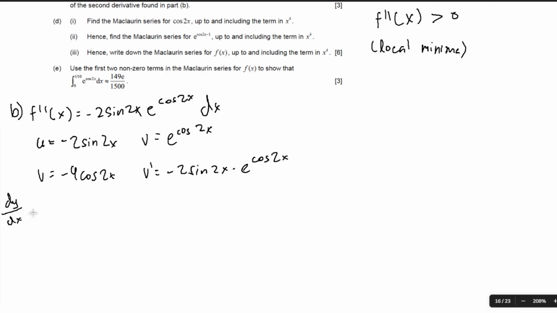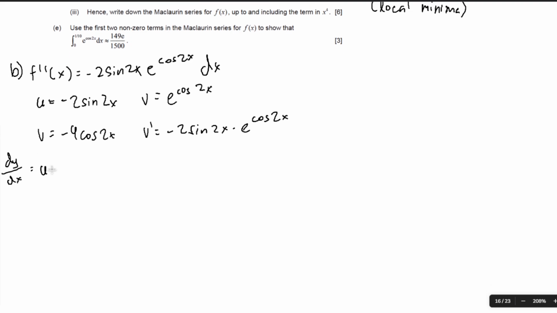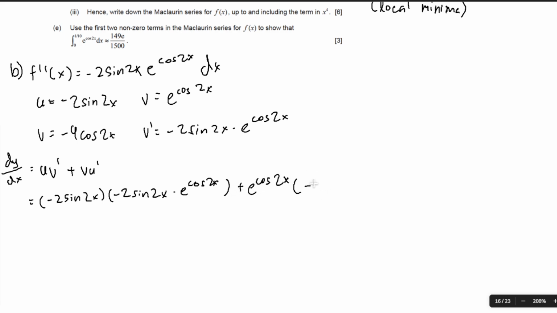Then our dy dx would be u v dash plus v u dash. Here we would have minus 2 sine 2x multiplied with minus 2 sine 2x times e cos 2x, plus e cos 2x times minus 4 cos 2x.